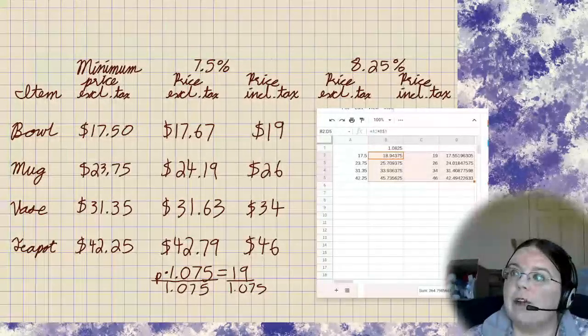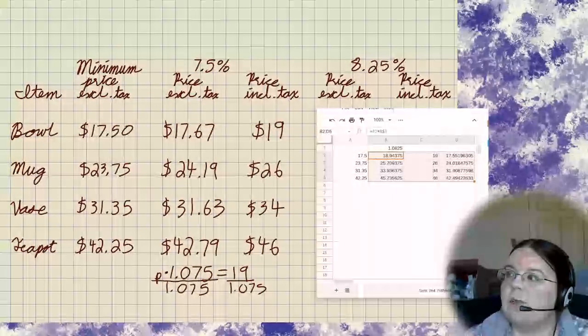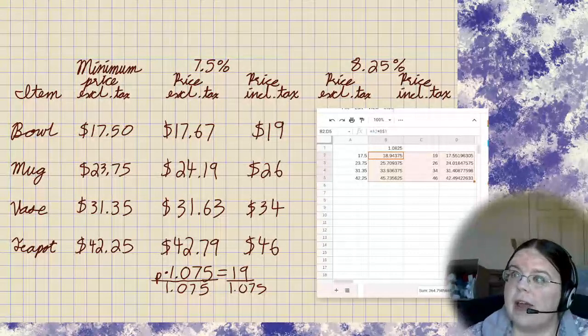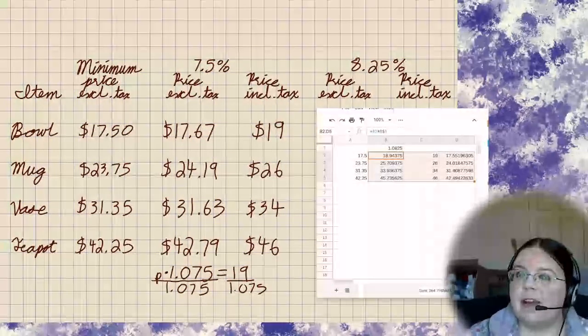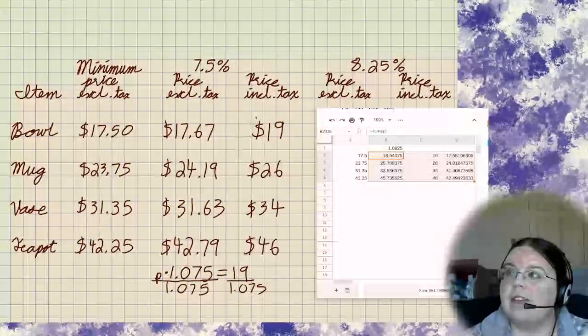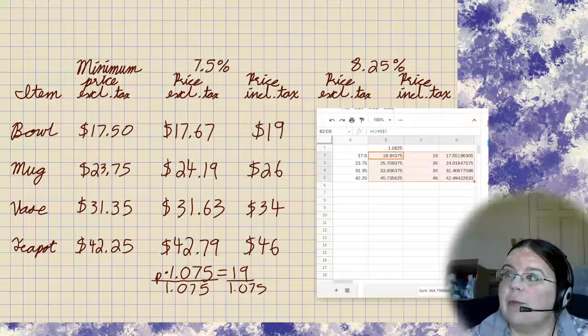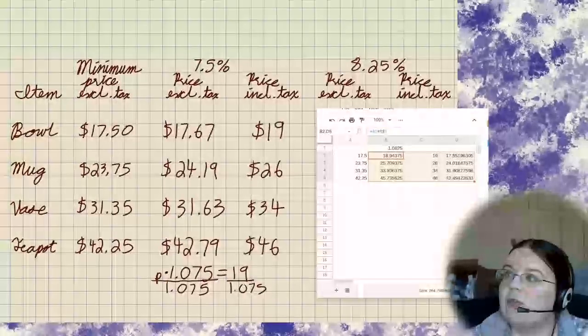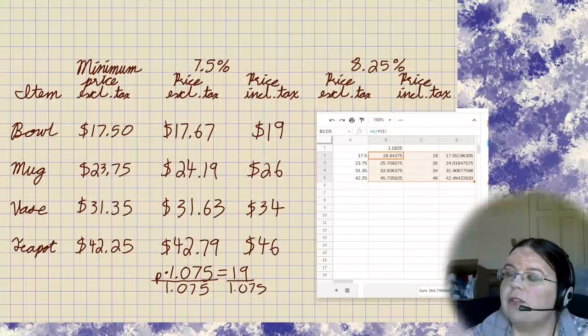So I see that the price including tax is actually the same, so that didn't change from one location to another. But the back-end price that this ceramics artist uses in her inventory system is going to be different for her bookkeeping. So the bowls will be $17.55. The mugs will be $24.02 on paper.